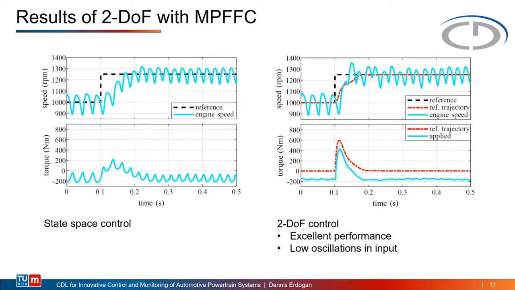On this slide, some results are shown. On the left-hand side, we see a conventional state space controller, a state feedback controller, and on the right-hand side, we see a 2-degree of freedom control in combination with a model predictive feed-forward controller. On the upper plots, we see a step response from 1000 RPM to 1250 RPM, with the black line showing the reference and the turquoise line the actual engine speed.